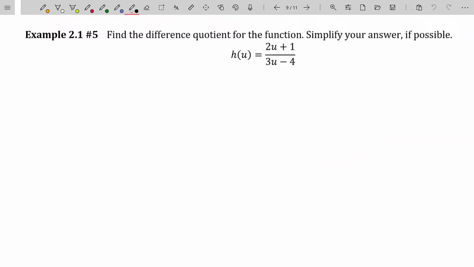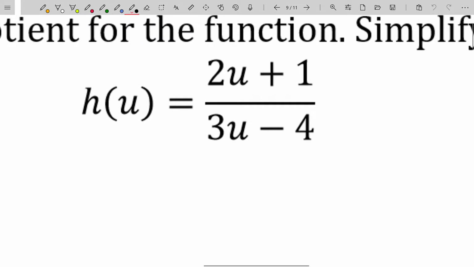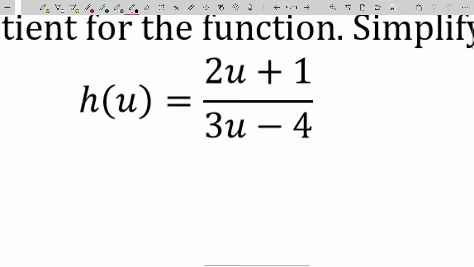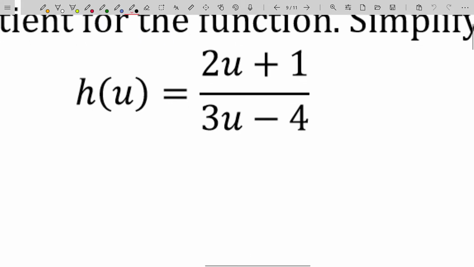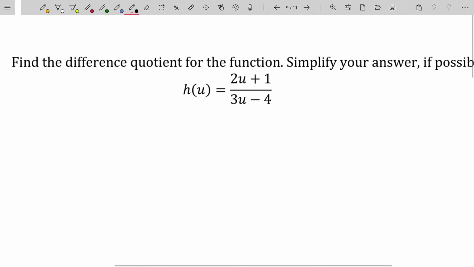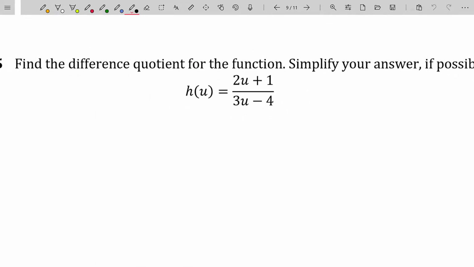Now that we have a more solid foundation of what a difference quotient is and what it represents, let's go back to the mechanics of the by-hand computations of the difference quotient. So here is a rational function, h of u is equal to 2u plus 1 over 3u minus 4. This is one of my favorite styles of functions to give for difference quotients. The difference quotient for this function would be h of a plus h.